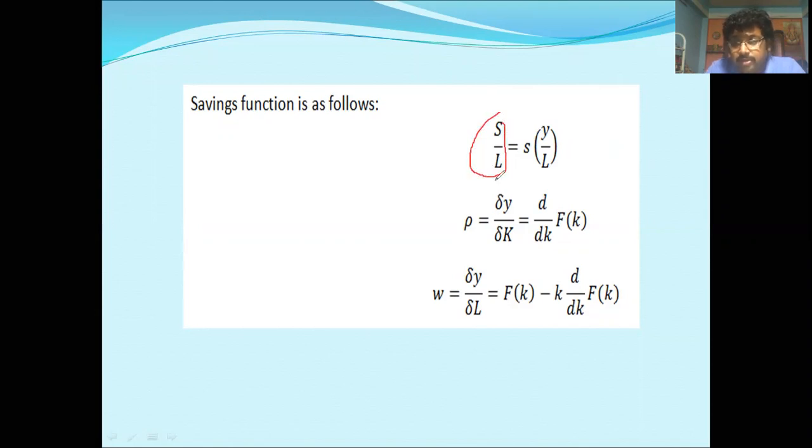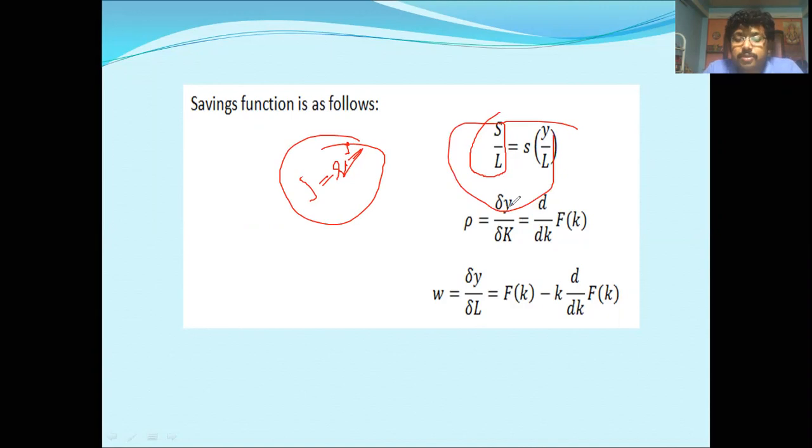Saving is divided by the total labor. So S by L is the saving per head. But in the Harrod model, it was like that: S equal to small s multiplied by small y. Okay, this is the condition in the Harrod model. In the Solow model, it is like this.